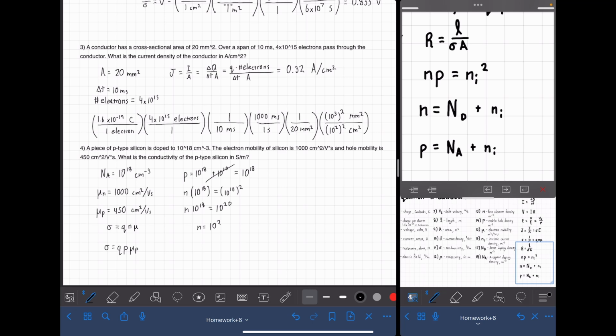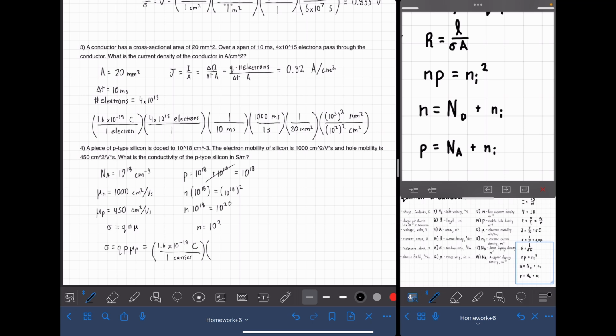So basically just replacing stuff with p. It looks like we already have everything we need, so let's go ahead and start plugging and chugging. We get 1.6 times 10 to the negative 19 coulombs. I'll just say carrier, it doesn't have to be electron specific, it applies to electrons and holes.